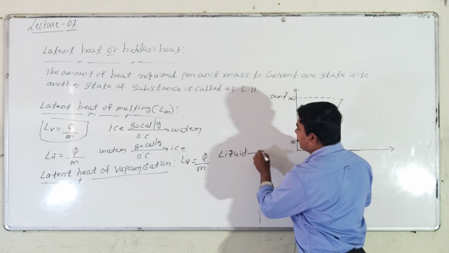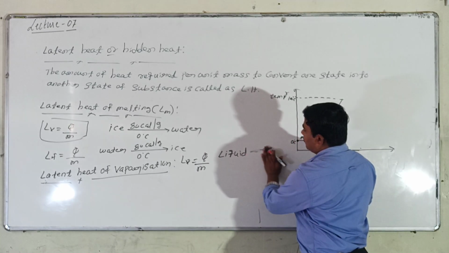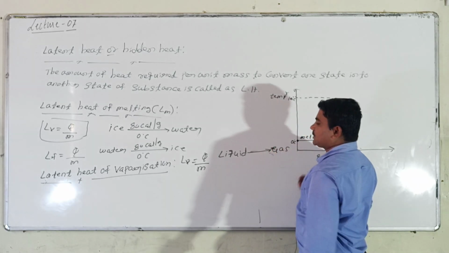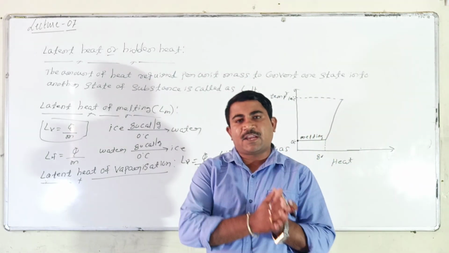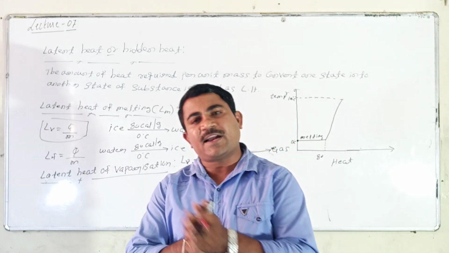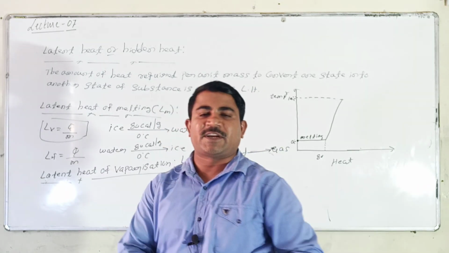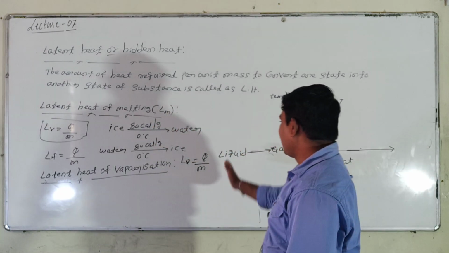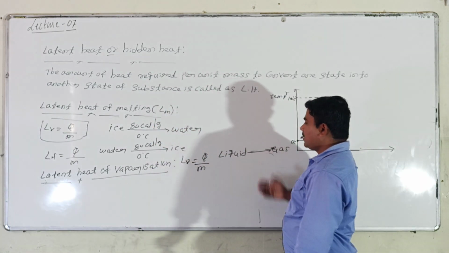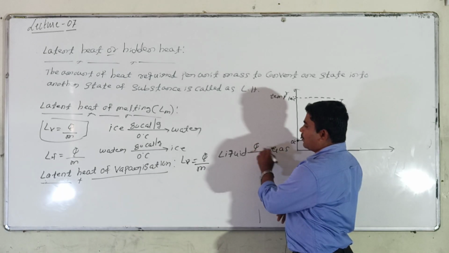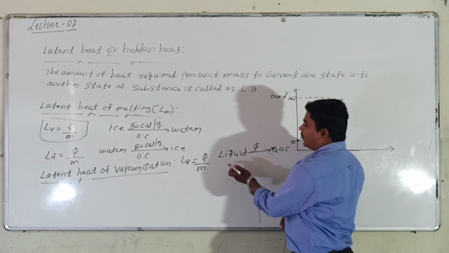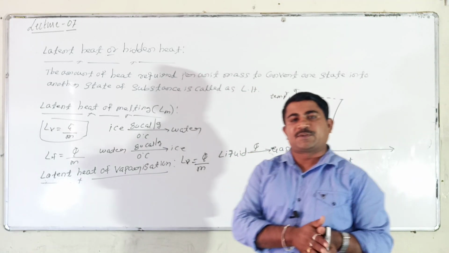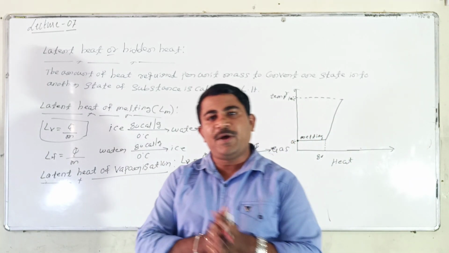To convert liquid state of water at 100 degrees Celsius into vapor state, we need 40 calorie per gram. Remember, the amount of heat required to convert liquid state into gaseous state, that process we are calling latent heat of vaporization.